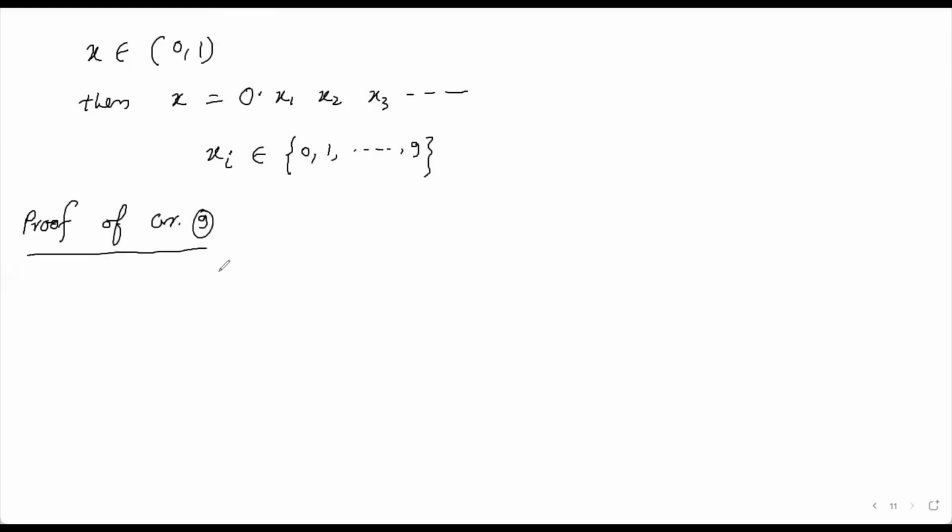So again, the proof is by contradiction. Assume (0,1) is countable.